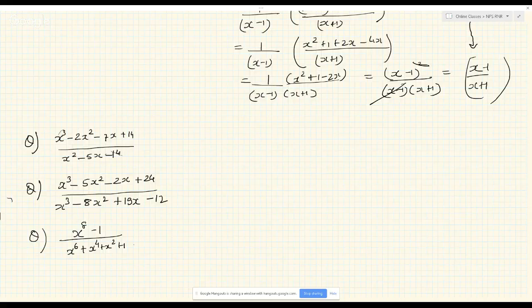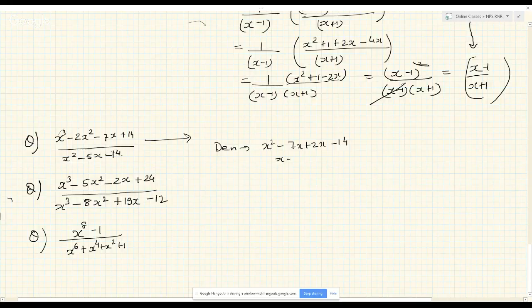Okay, so what did I tell you? In the first case, you first of all factorize the denominator. The denominator is nothing but x square minus 7x plus 2x minus 14, splitting the middle term.